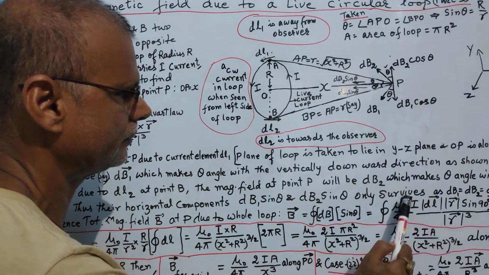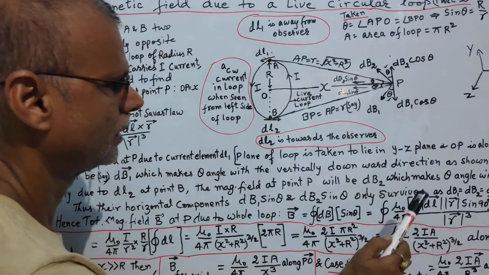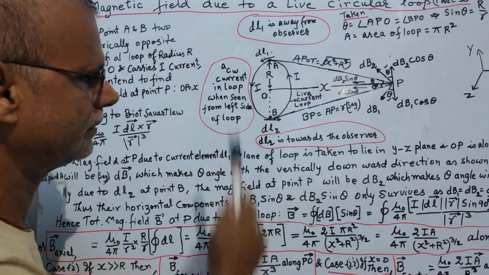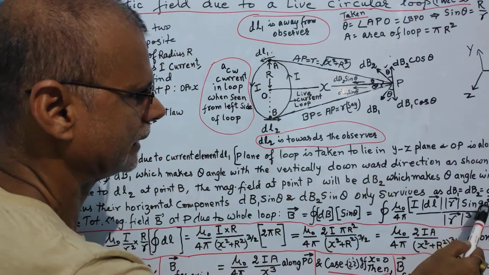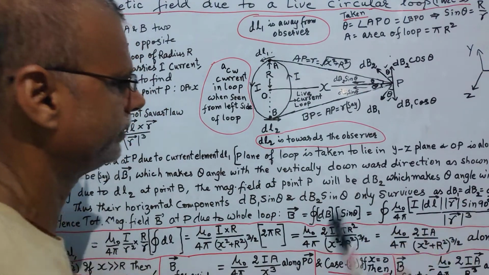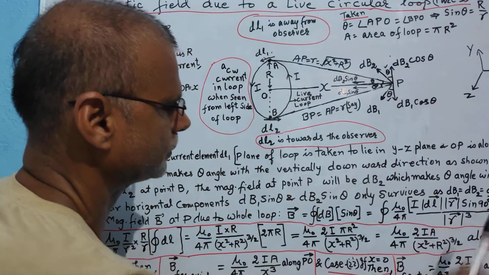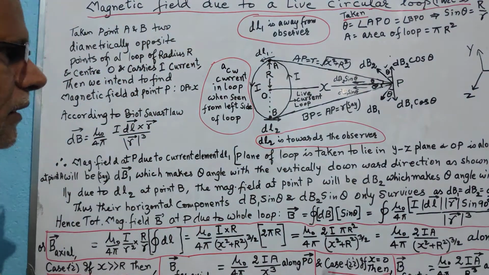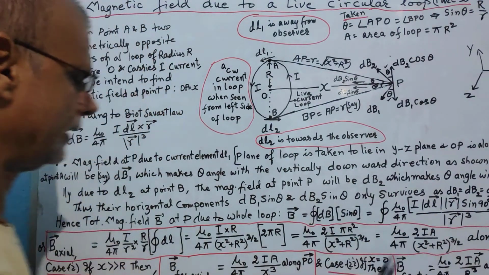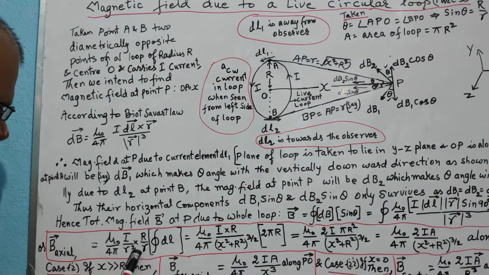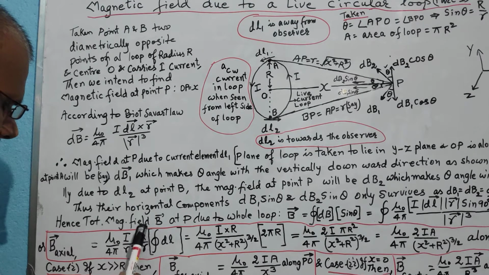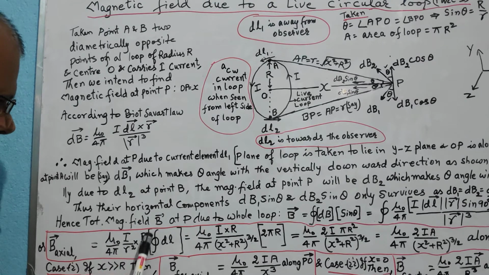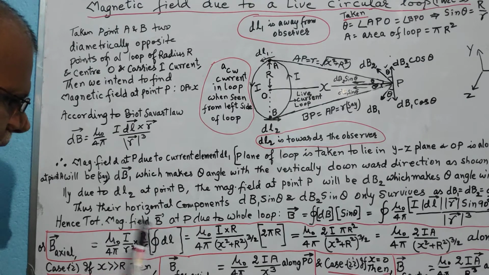We leave the dl within the integration because dl is to be added, and sin 90 degrees is 1, so we leave it. Capital R by small r is there, so with r square in the denominator it finally becomes r cubed. So we have mu 0 by 4 pi, I capital R divided by r cubed, and within the integral remains dl.